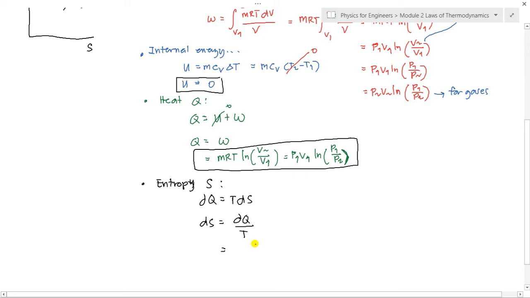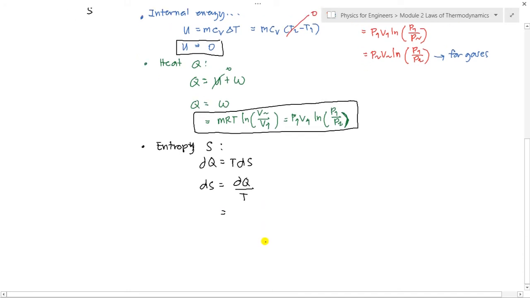So we can substitute that for our dq. That would be mRT ln V2 over V1, then divided by T.